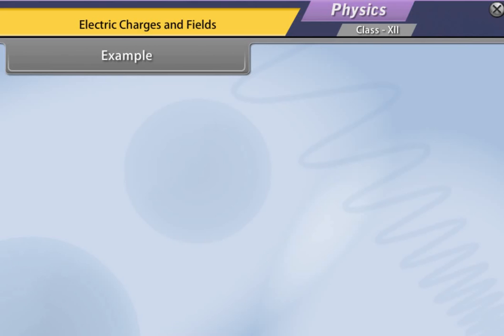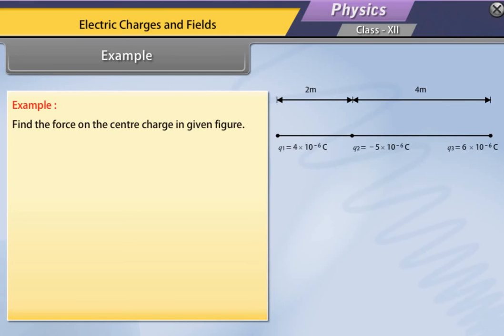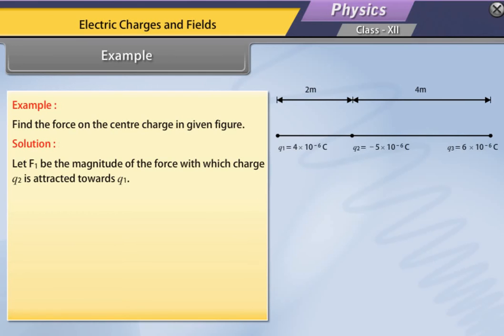Example. Let's take an example on Coulomb's law. Find the force on the center charge in the given figure. Let's see the solution. Let F1 be the magnitude of the force with which charge Q2 is attracted towards Q1. We know that F = 1/(4πε₀) × Q1Q2 / r².